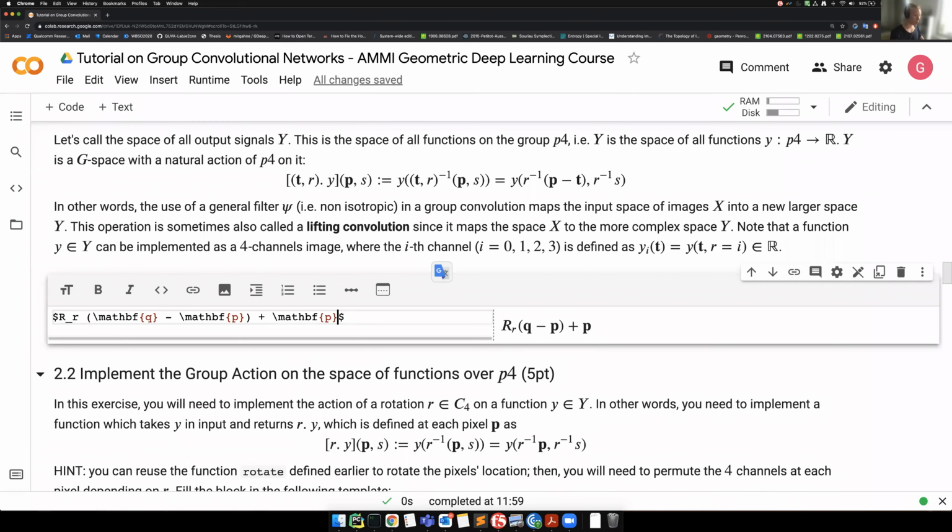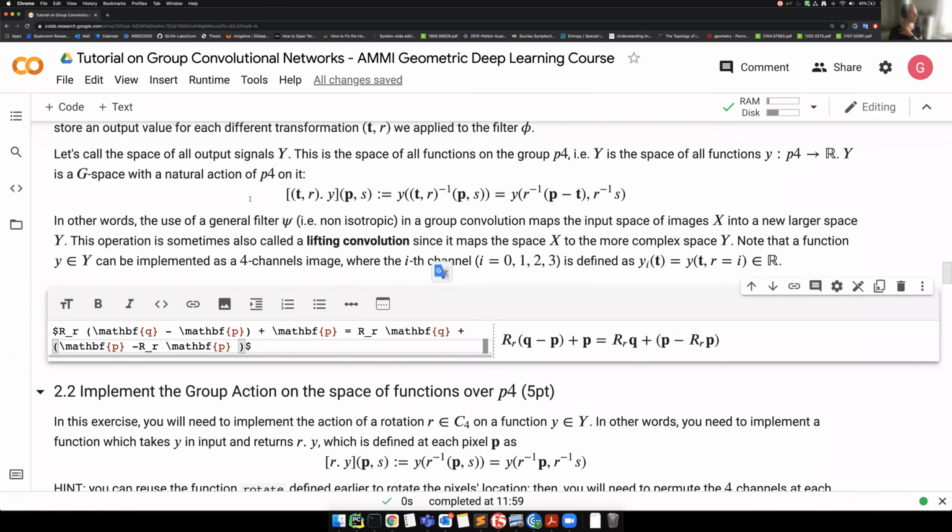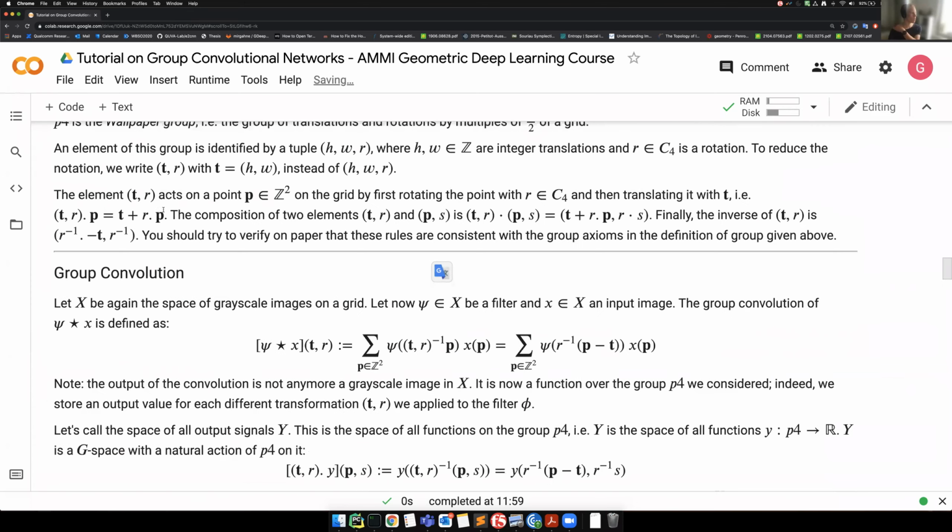But this is going to be equal to actually just rotating Q and then summing some other term. So you see that this still looks like what we had earlier, like some translation plus a rotation.